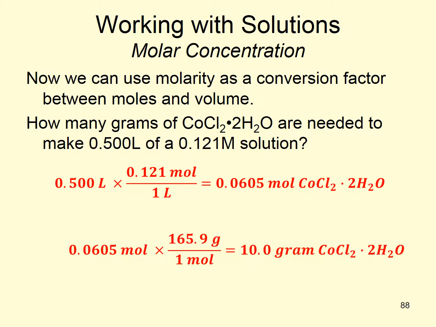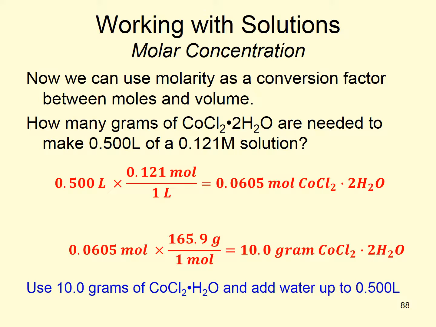So you're going to add together the weight of cobalt plus 2 chlorides plus 2 water molecules. And so the total weight is 165.9 grams. Okay, so if you multiply that, you get 10 grams of cobalt chloride dihydrate.